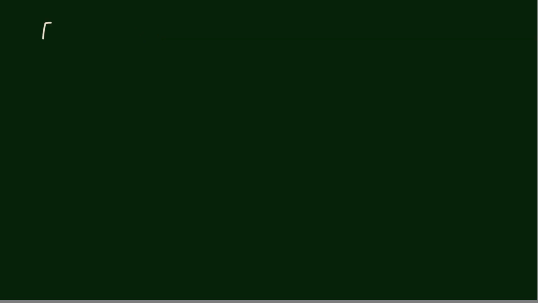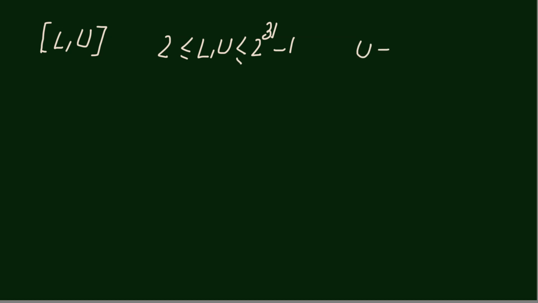So we are given a range between L and U, and they both lie between 2 and 2 to the power 31 minus 1, which is the maximum size of a signed 32-bit integer in C++.